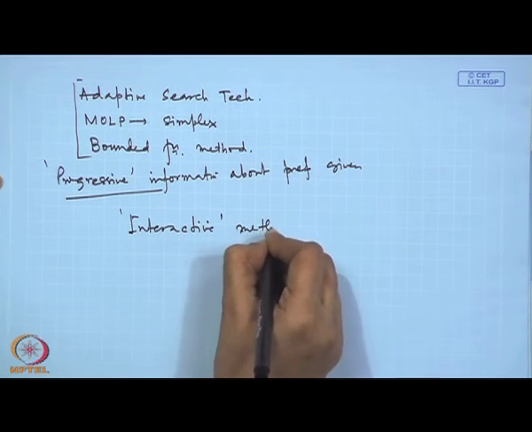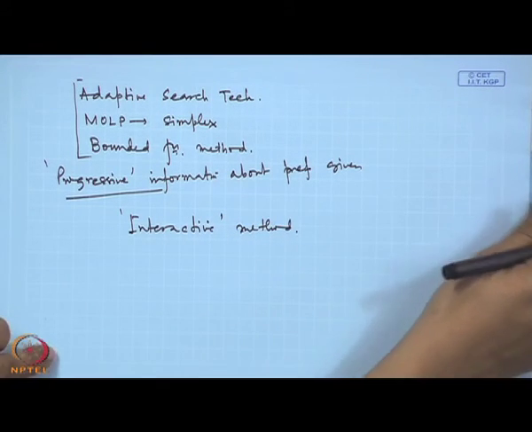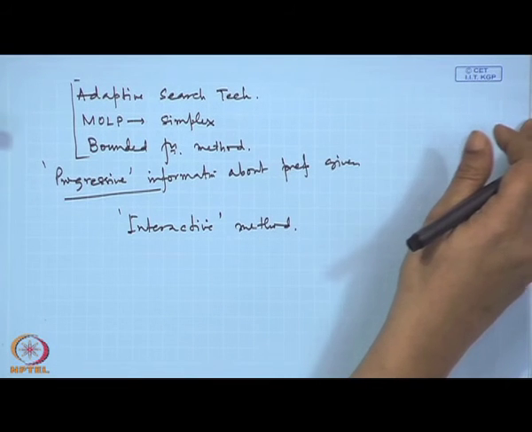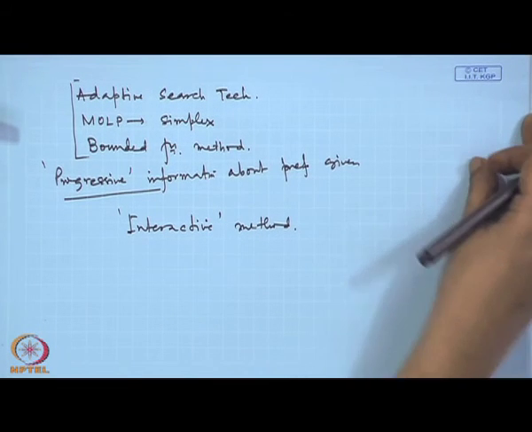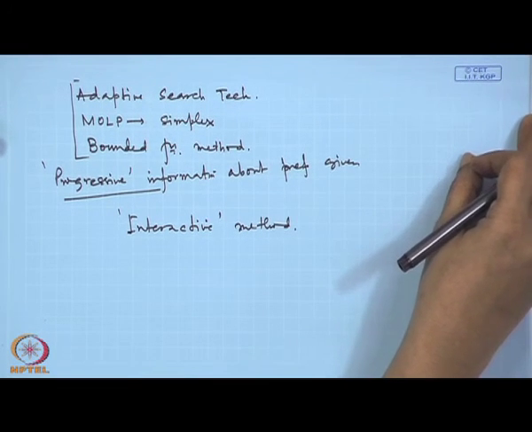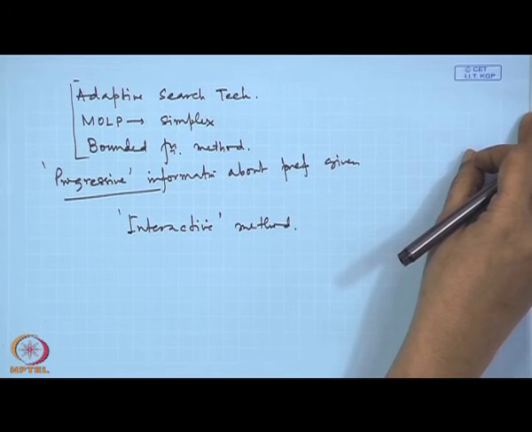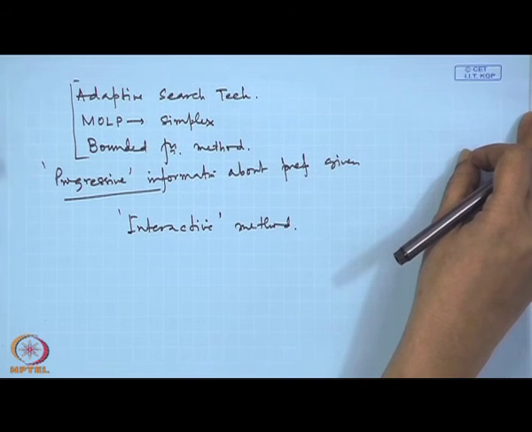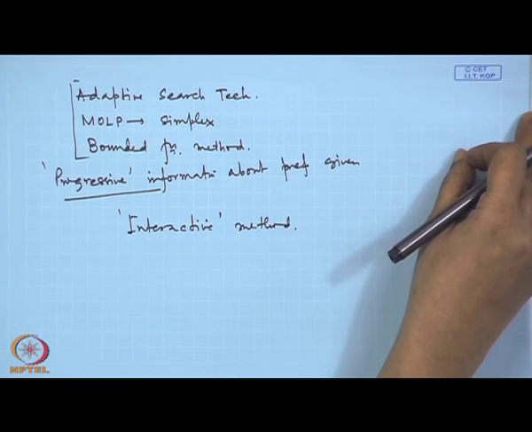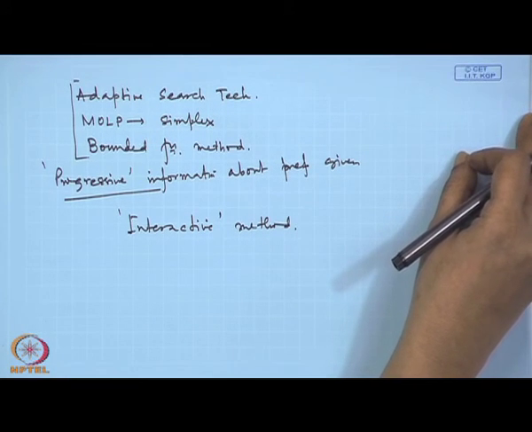It is an iterative process, and in each iteration we get an improved solution by considering the progressive preference information. At each iteration we present the solution to the decision maker.